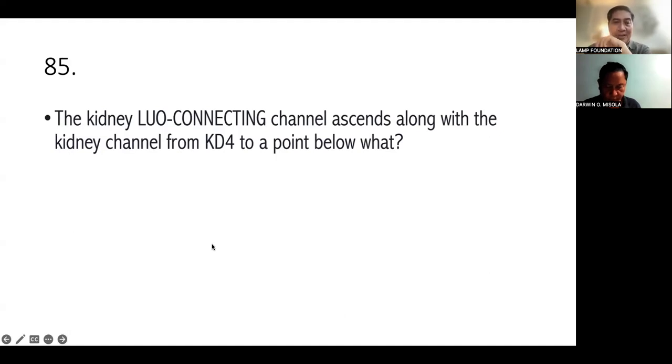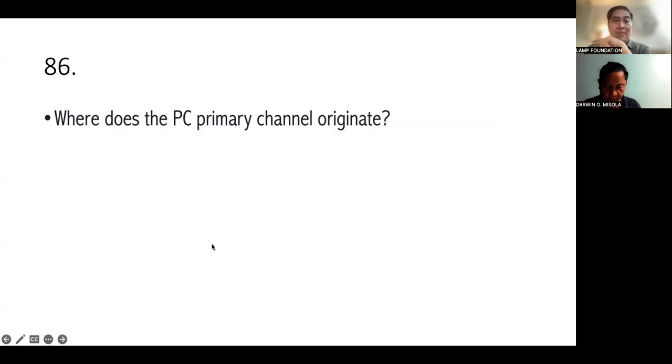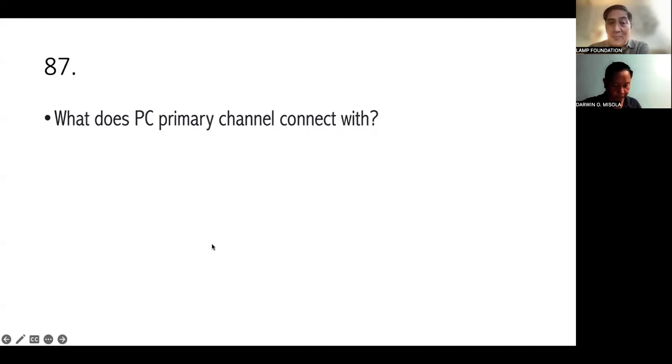So that is the kidney luo connecting. Where does the pericardium primary channel originate? The center of the chest. Very good. What does the pericardium primary channel connect with?